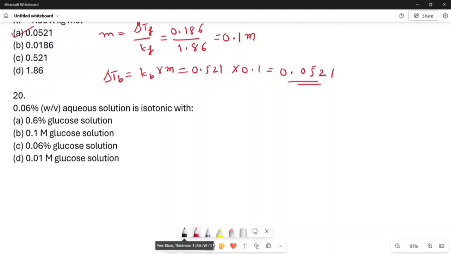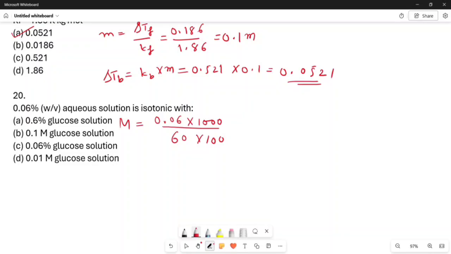So first you have to calculate the molarity of the 0.06 aqueous solution of urea. Molarity, capital M, is equal to 0.06 multiplied by 1000 divided by 60 into 100.